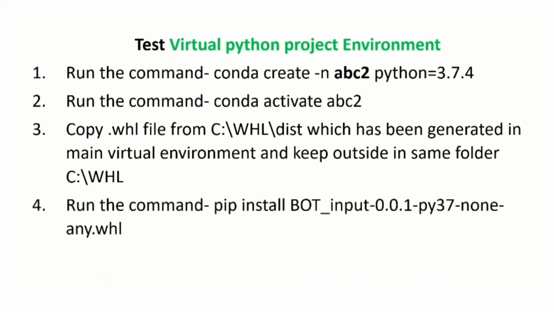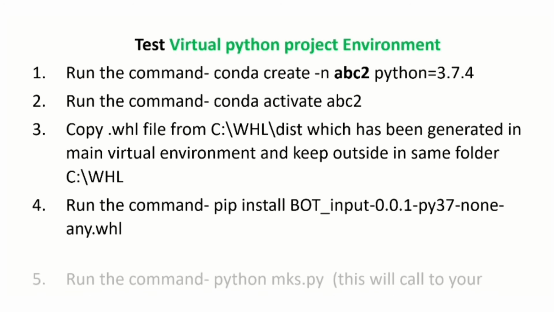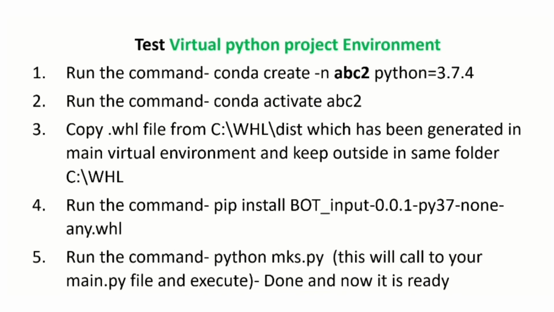Then we will install this WHL file. The WHL file has everything needed to execute your original code, so it has all the dependencies and all things. So we will run this, and then simply run this.